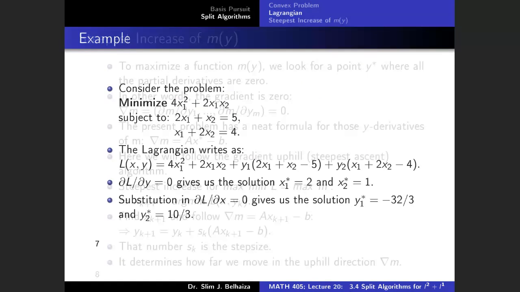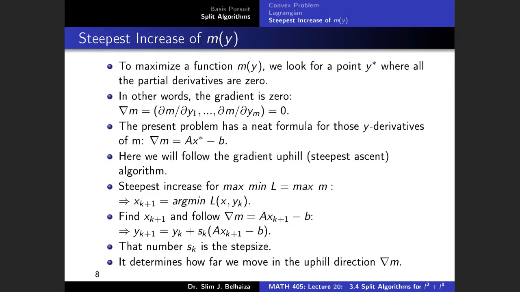So the last thing I would like to show you is how to solve for the solution of that problem. To maximize the dual function, we look for a point y star where all the partial derivatives are zero. In other words, we work on the gradient of this dual to make it equal to 0.